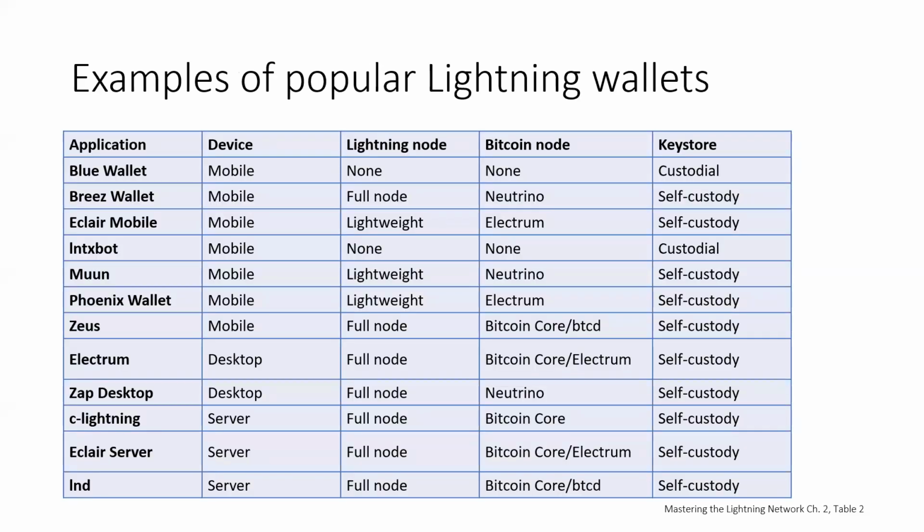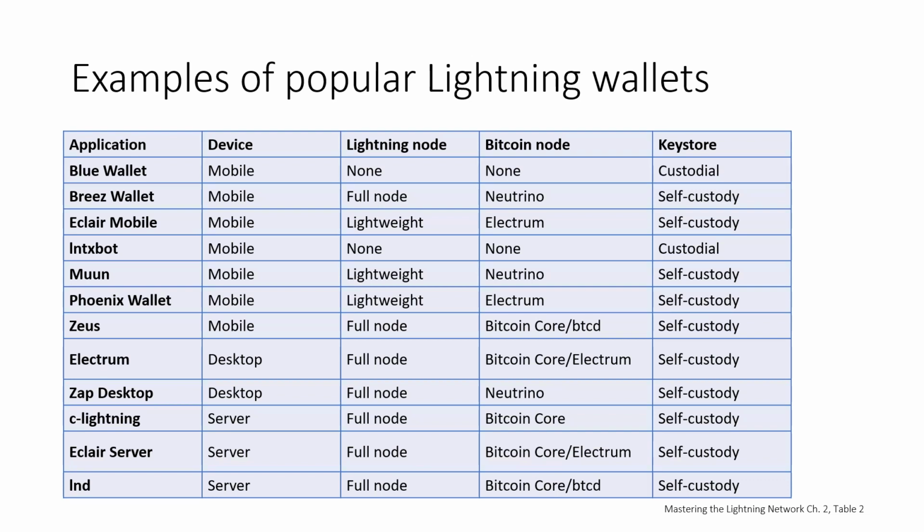And here we've got a diagram of a table showing examples of popular Lightning wallets and wallet applications for different types of devices. This list is sorted first by the device type and then alphabetically. So over here under application, we've got various names of wallets like Blue Wallet and Zap Mobile and so on. Then we've got the device that's supported, smartphone, which we're calling mobile, or desktop or server.